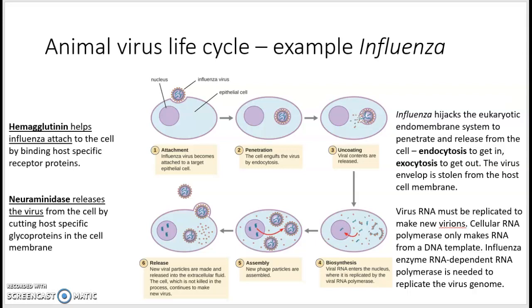Once new viruses are assembled, then they are released from the cell through exocytosis. So similar to the way they get in, those viruses trick the host cell to exocytize or package those viruses in the phospholipid bilayer membrane and export them through the cell. So the influenza envelope is actually acquired through the host cell during this exocytosis process.